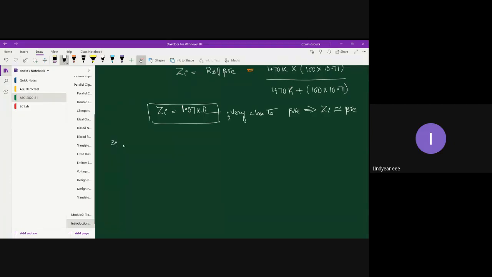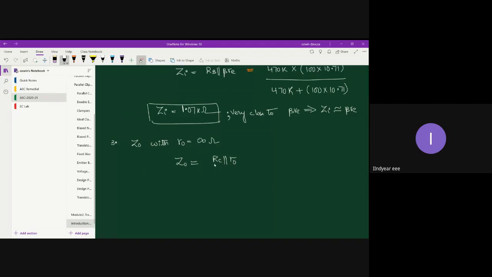Next, third one, what is it? Z0 with R0 equal to infinity ohms. First let me write the exact expression for Z0. So Z0 is RC parallel with R0.